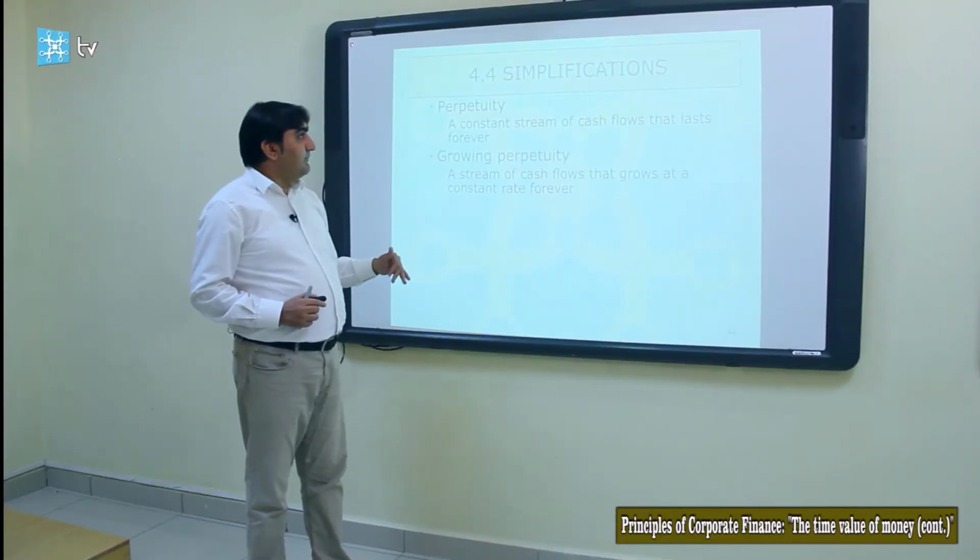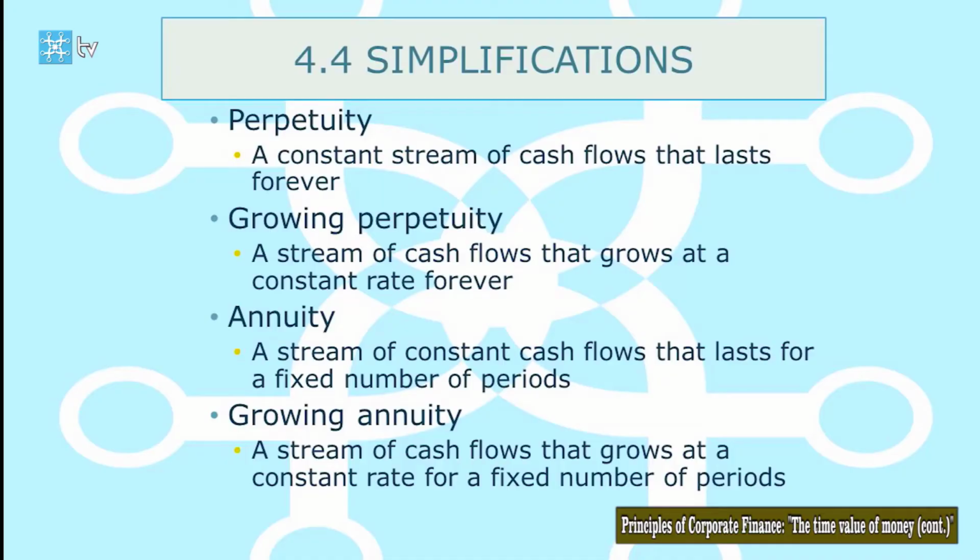We have some patterns in our cash flows. If we see these patterns, we can easily find present value or future value of our cash flows. One is perpetuity, a constant stream of cash flows that lasts forever.